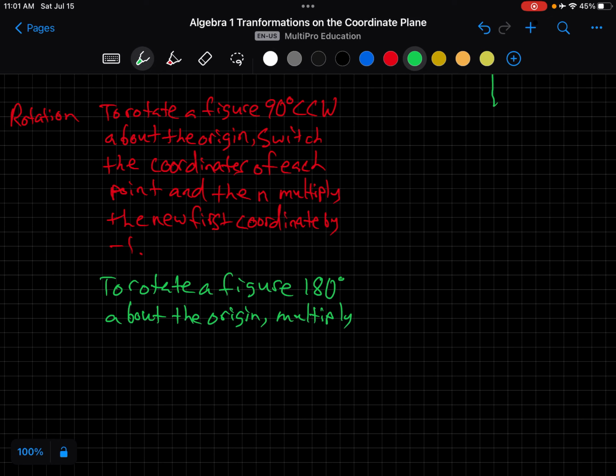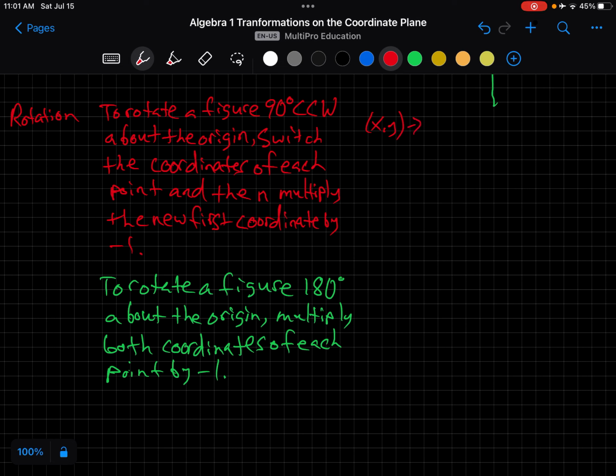So then we multiply both coordinates of each point by -1. Okay? So let's look and see what this looks like.